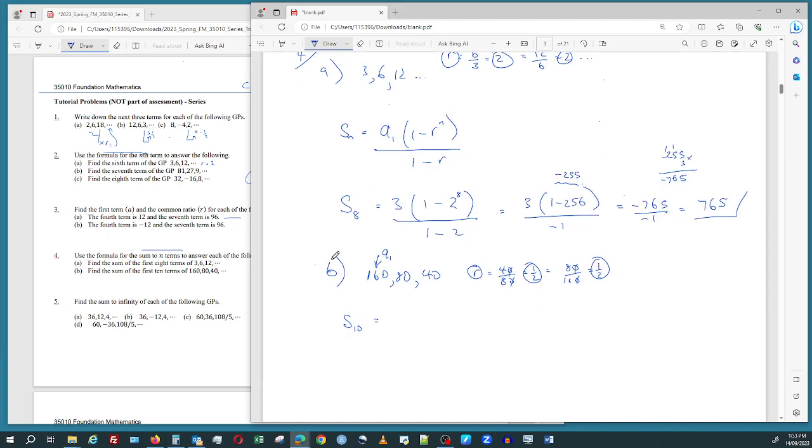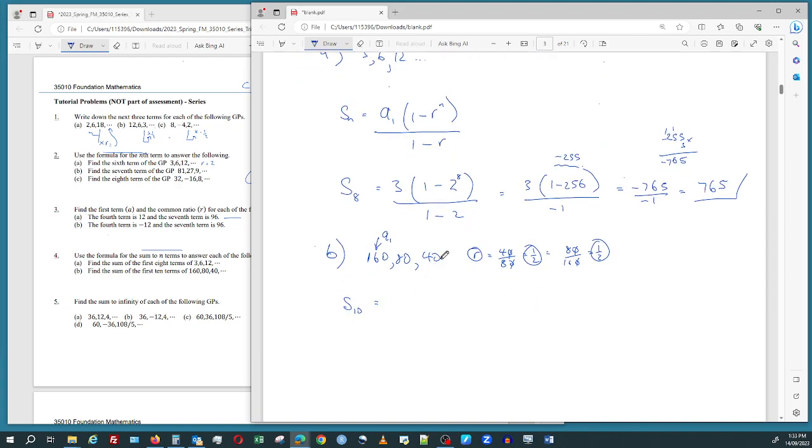Alright, so for the 10th term sum, we're going to have 160 times 1 minus r, which is a half, to the power 10, divided by 1 minus r, which is 1 minus a half. 1 minus a half is just a half.